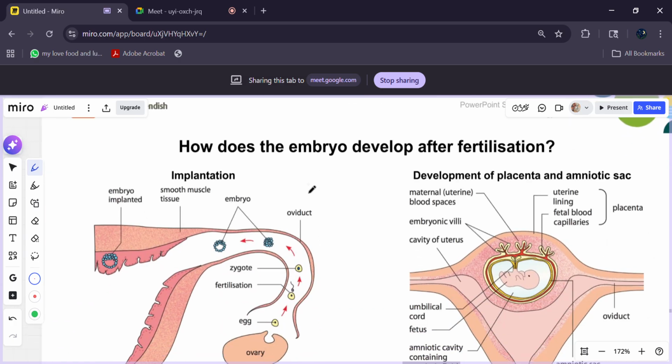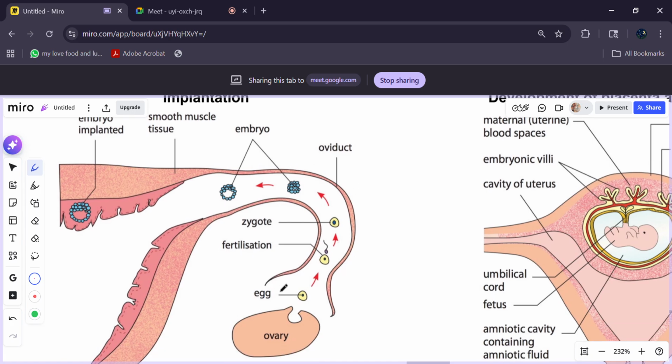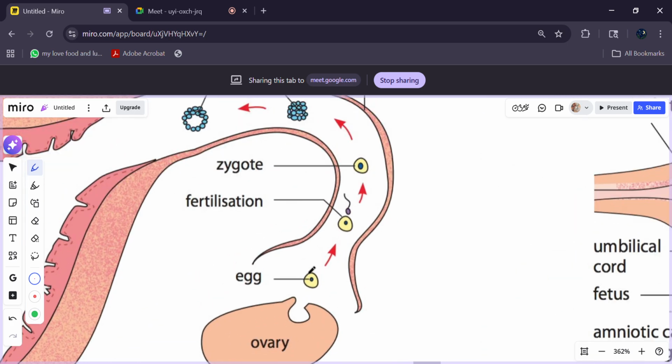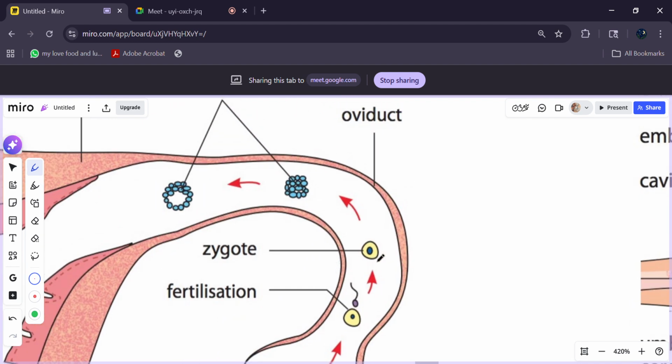Now, how does the embryo develop after fertilization? When the sperm meets the egg in the oviduct, it forms a zygote.